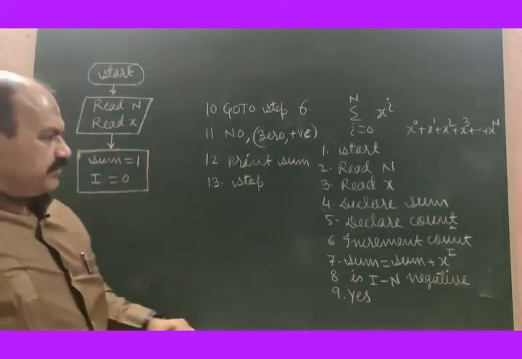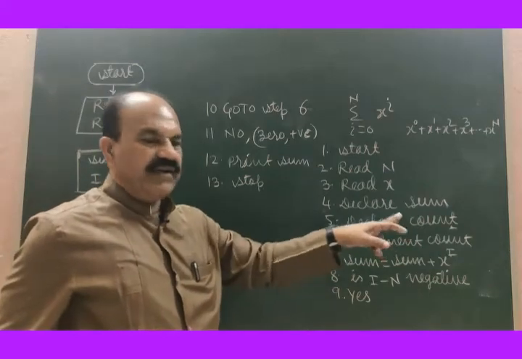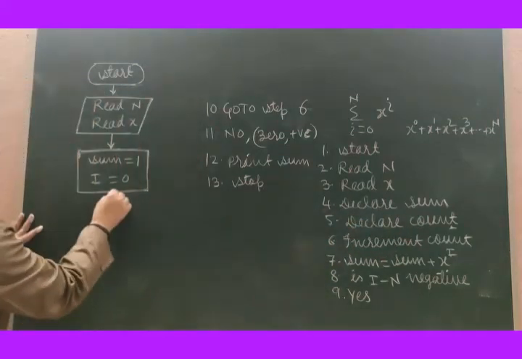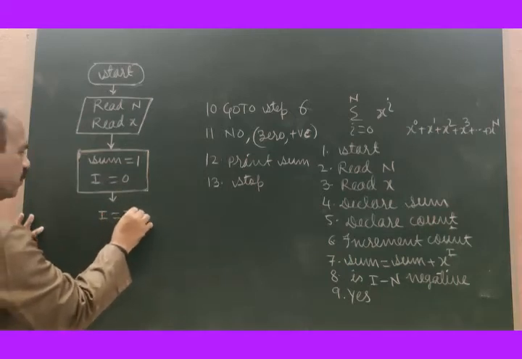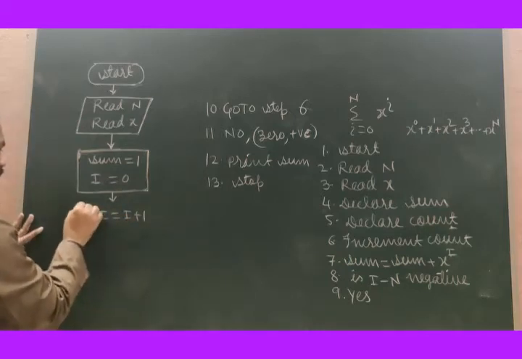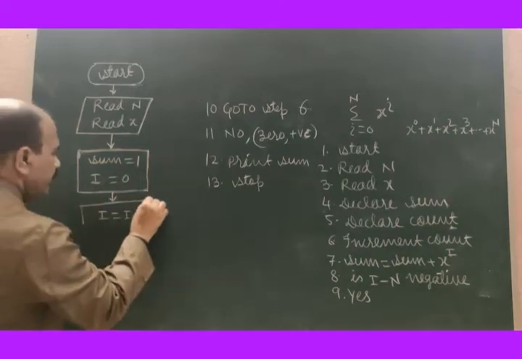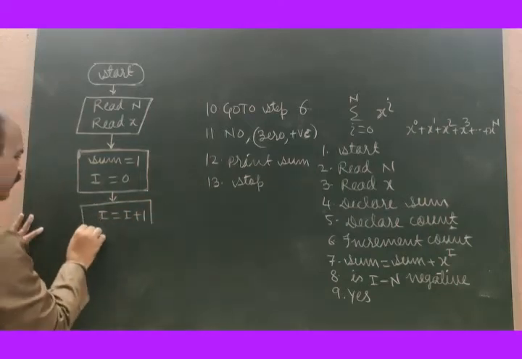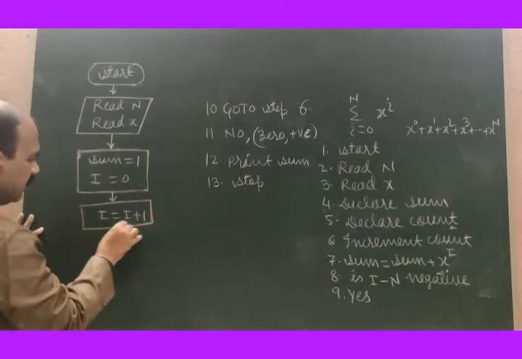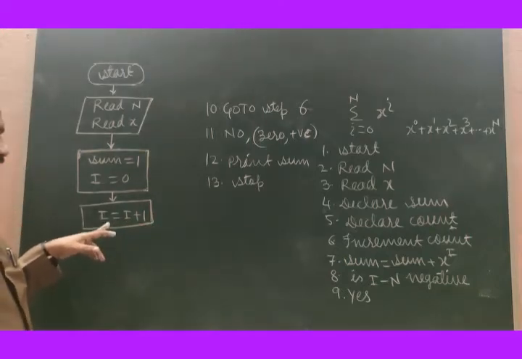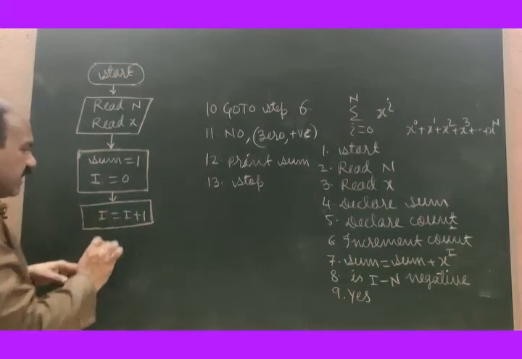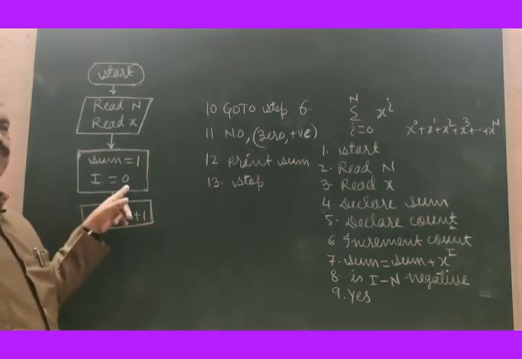Then increment the count, that is I is equal to I plus 1. I have taken this action because if I don't take I is equal to I plus 1, I will be 0.